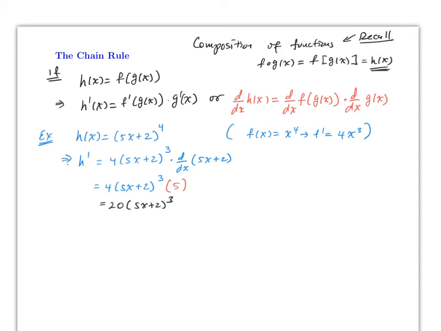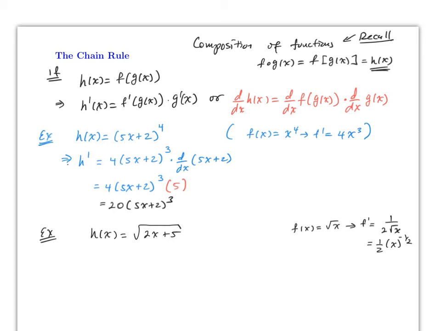Now on the exam and in the practice test, you have a function that looks like this, like the square root of 2x plus 5. And you had to find the derivative the long way, but now with the chain rule, you can do it pretty fast. Here, f of x equals the square root of x. Remember that the derivative of this was 1 over 2 square root of x, or this was 1/2 x to the negative 1/2.